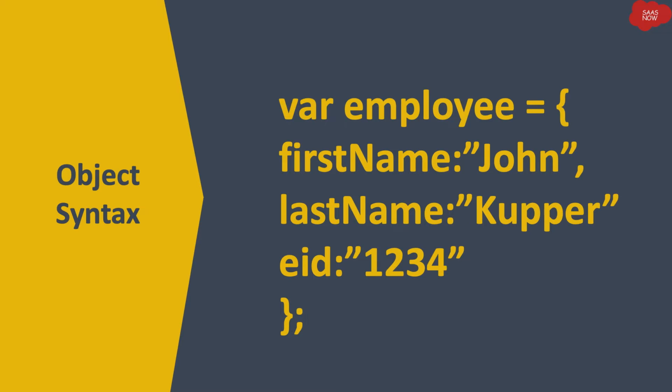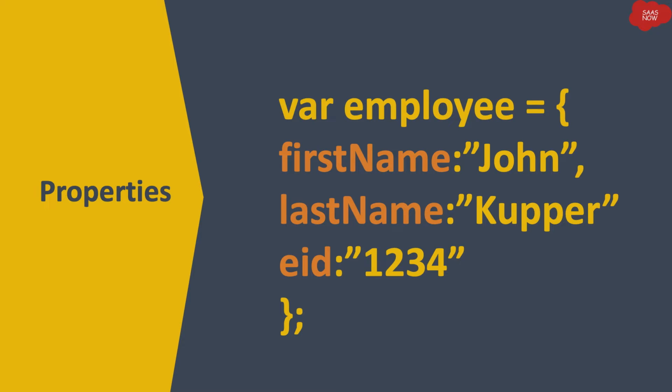Overall, objects consist of properties and their values. So if you see this example, employee is an object, and first name, last name and EID are properties of employee object.